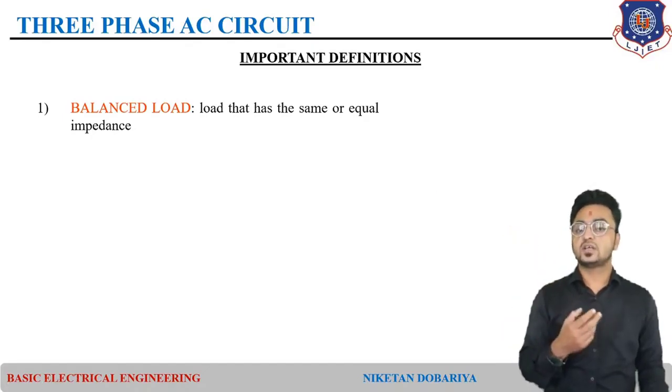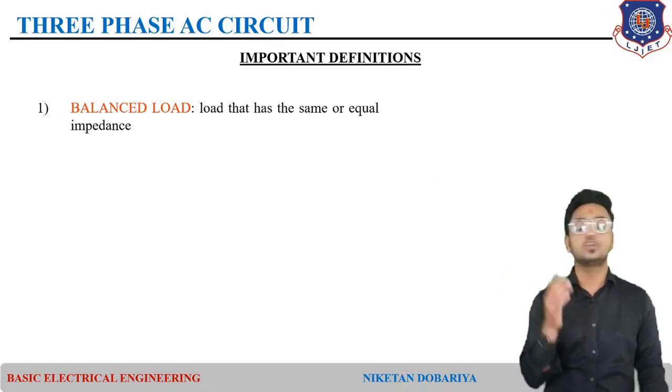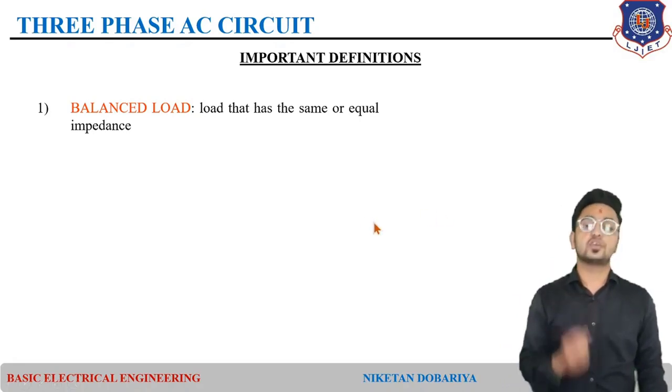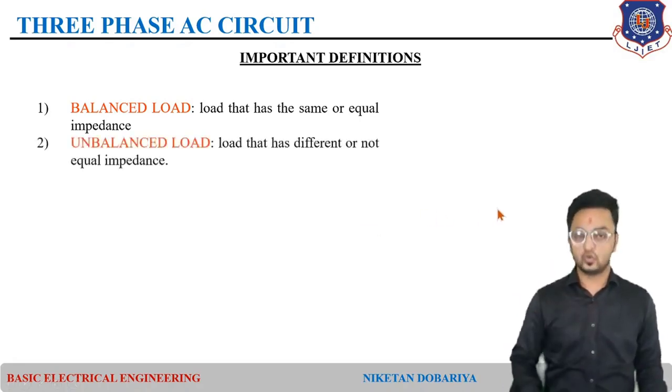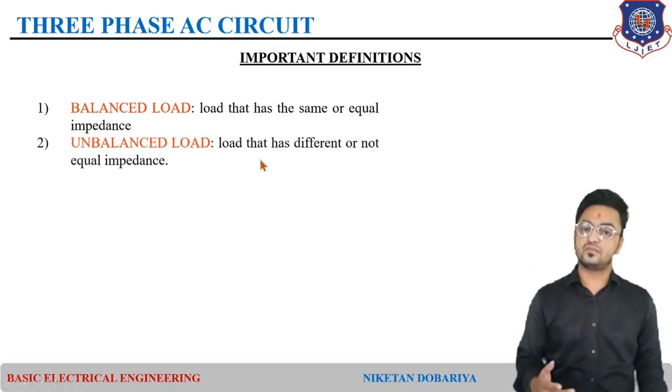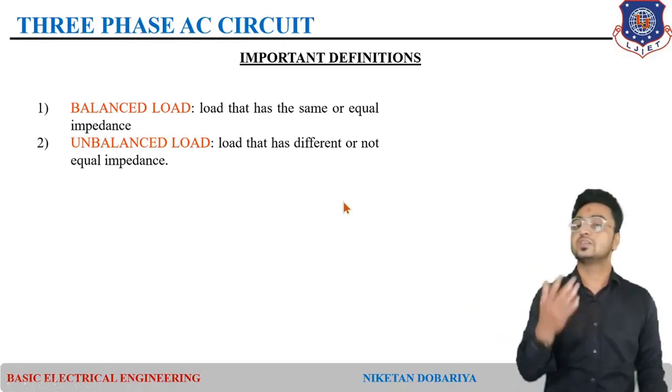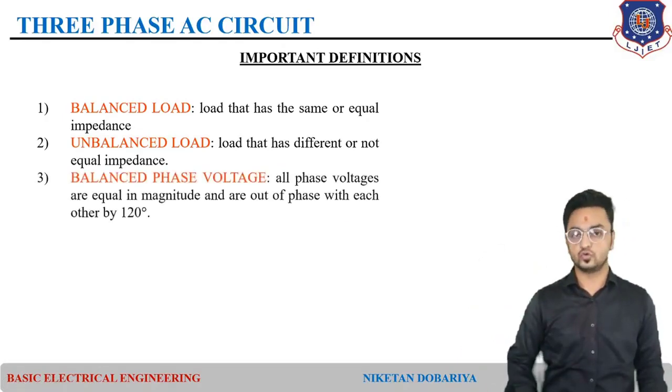If these three impedances have the same magnitude and the same phase angle, that kind of three-phase load is known as a balanced load. In the same way, if all branches do not have the same load, it is known as an unbalanced load.